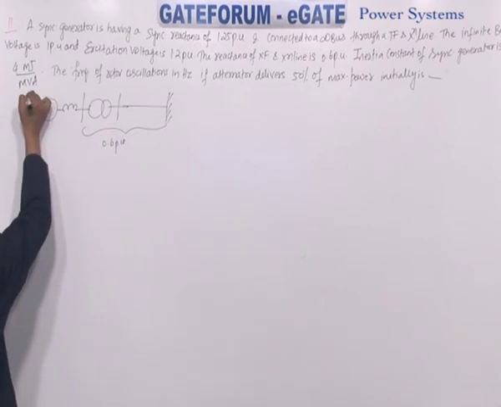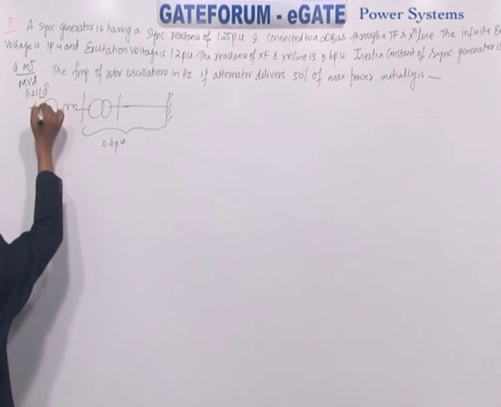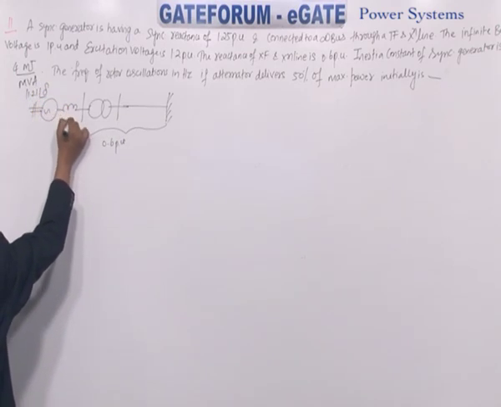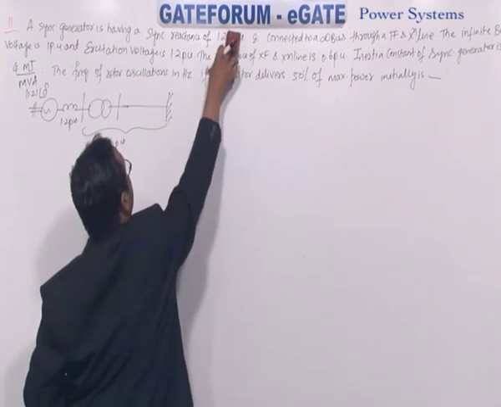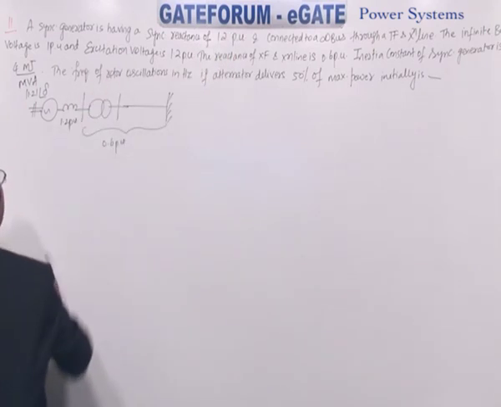What about E? 1.2 angle delta. Total reactance is 1.2 plus 0.6.